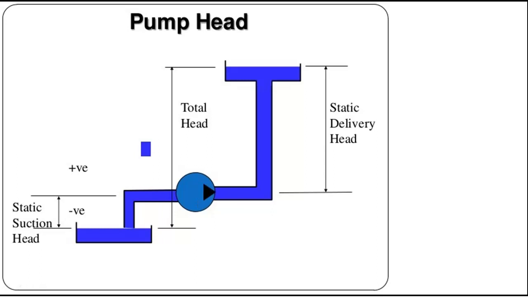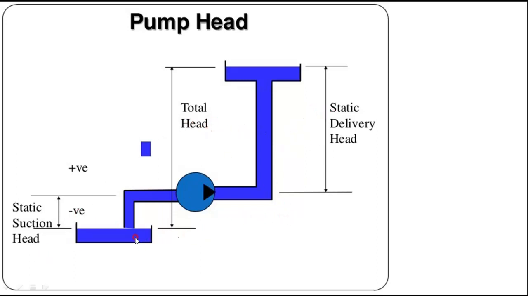Then you are pumping the water from the lower water tank to the top water tank, to the syntax. Then the suction head will be more. Therefore, the pump design will be done based on the total head. This total head is divided into two parts: suction head and delivery head.